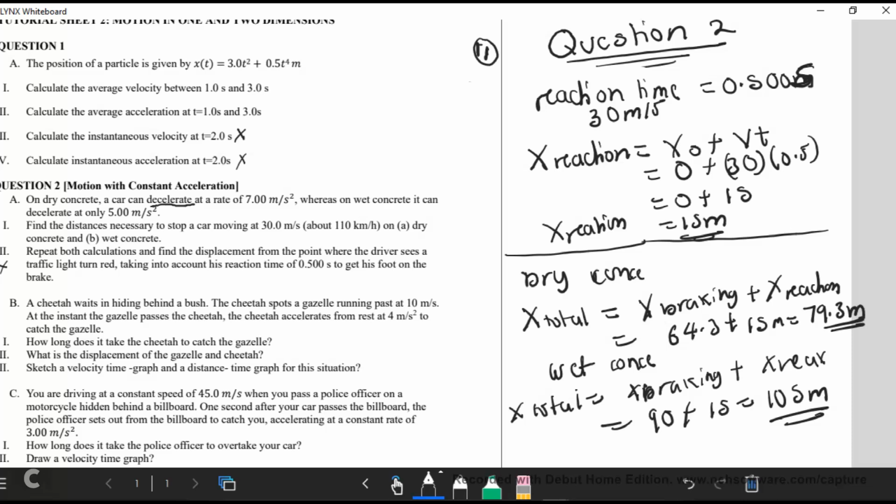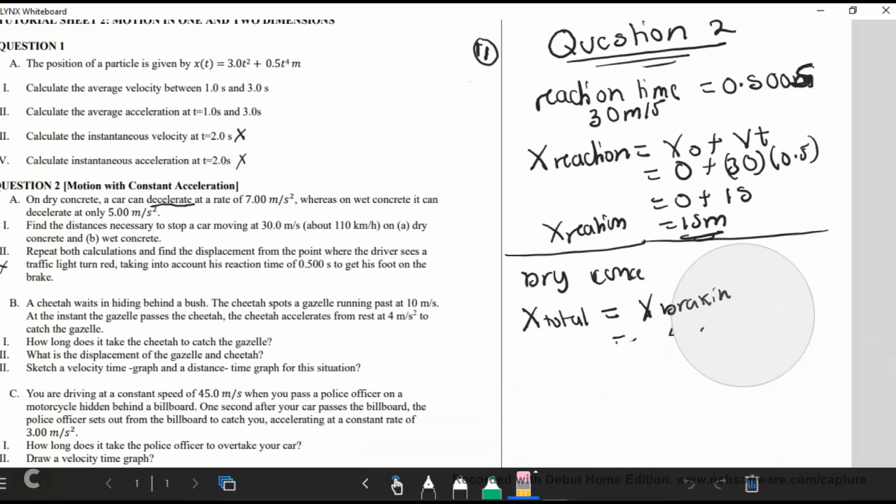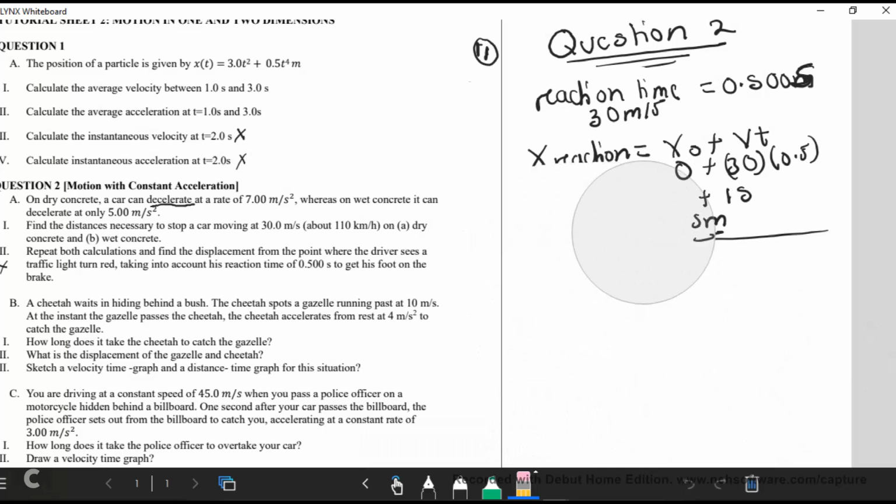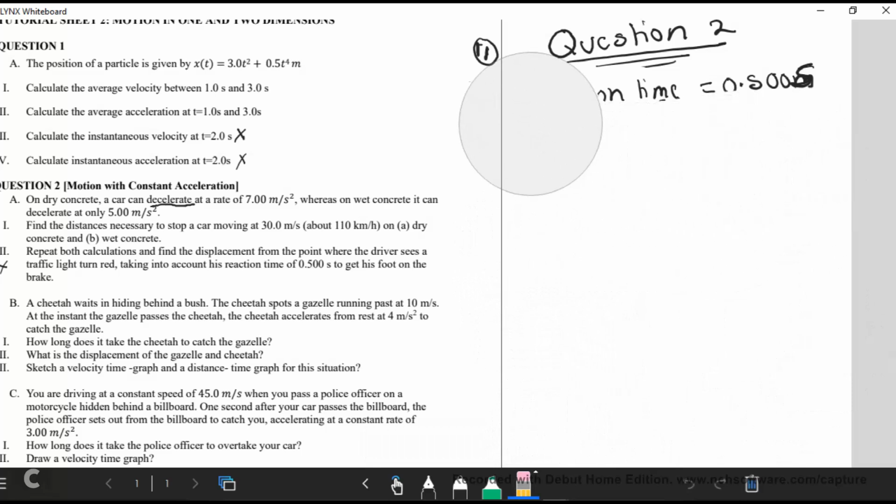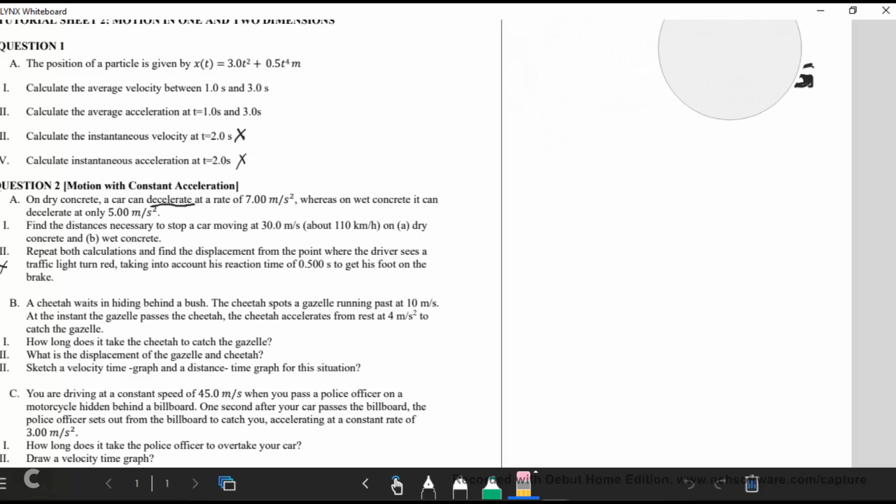Let's go on to question 2B. This is question 2B, which is this one here.